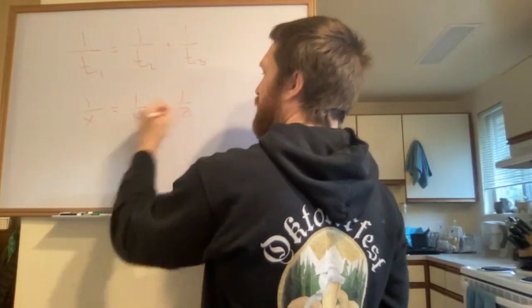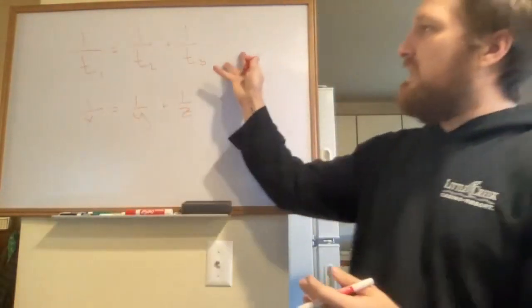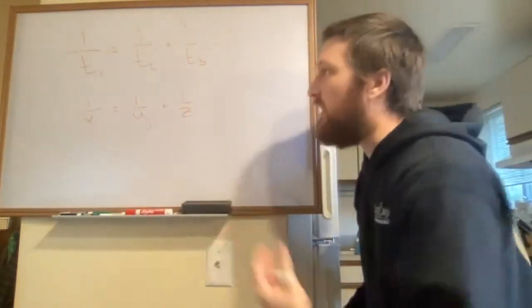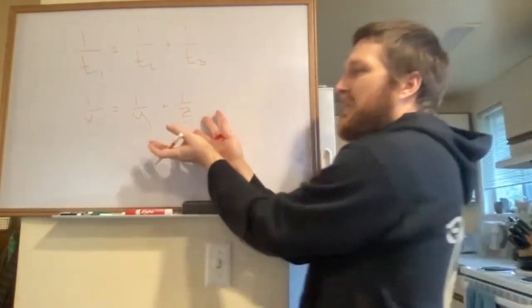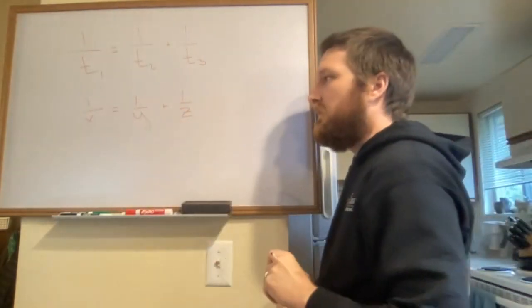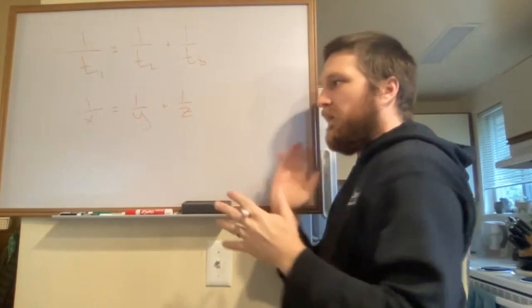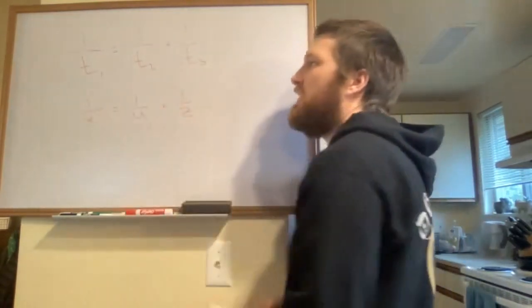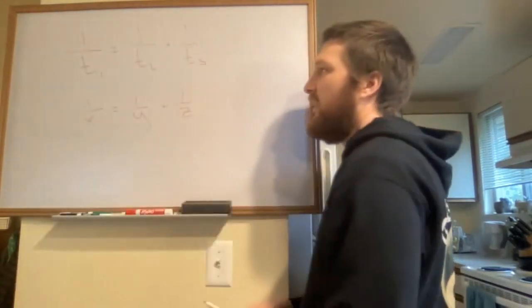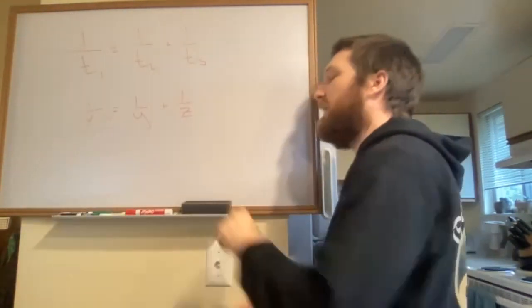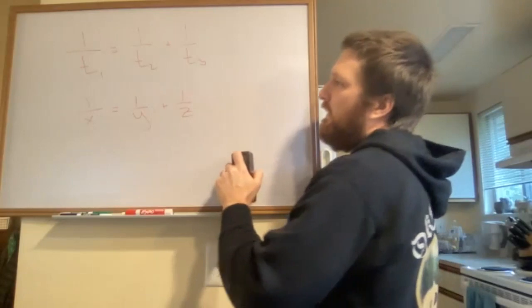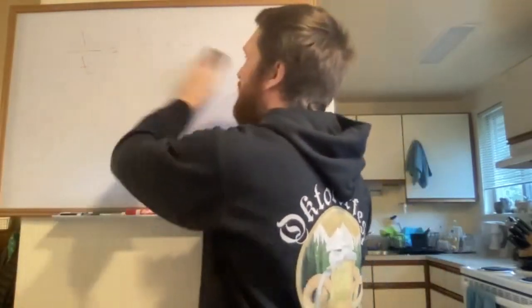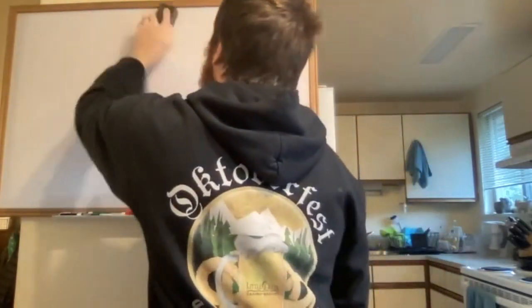If I told you this said solve for T3, this would be the same thing as having this and saying solve for Z. In which case we would just kill denominators and then get Z by himself. The only difference with this is we kill denominators and then get what we call T3 by itself. But we're not going to mess with that just because we want to move on.